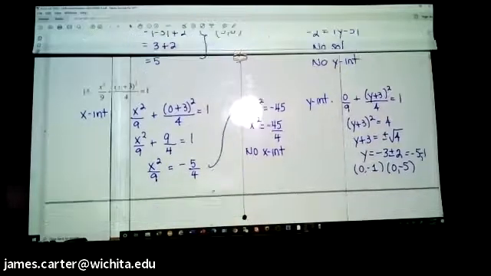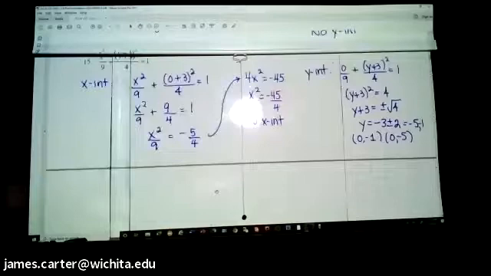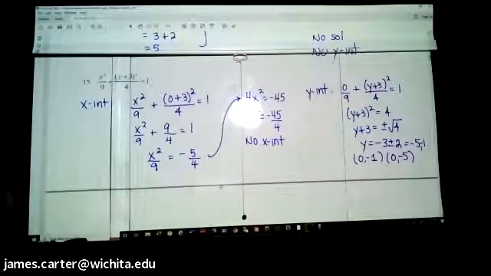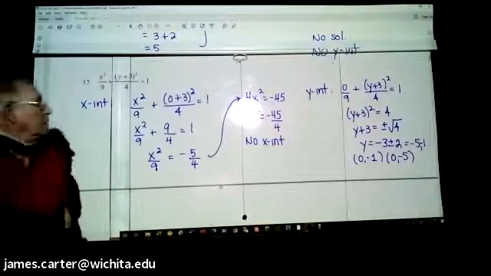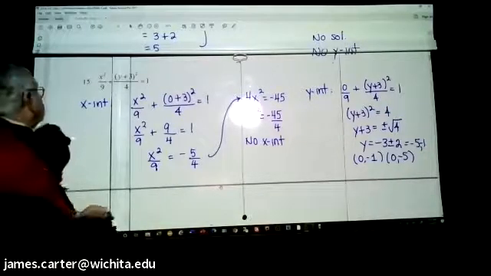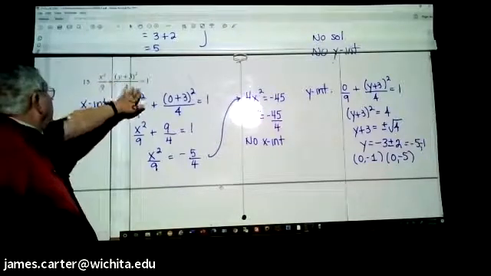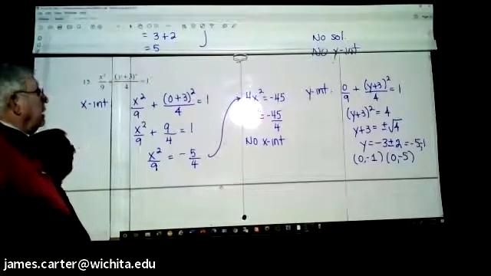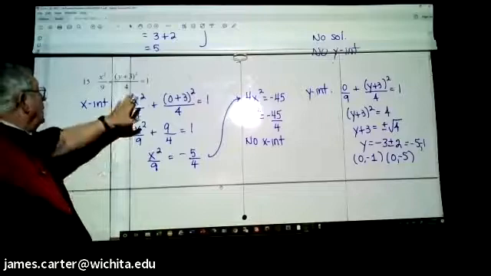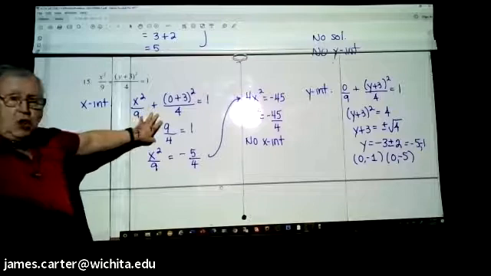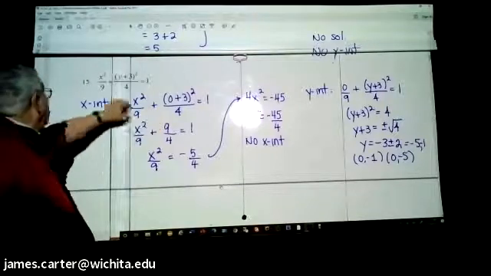Now we've got a harder problem this time. This one involves quite a number of steps. Keep in mind, all they're asking on this problem is what are the intercepts?